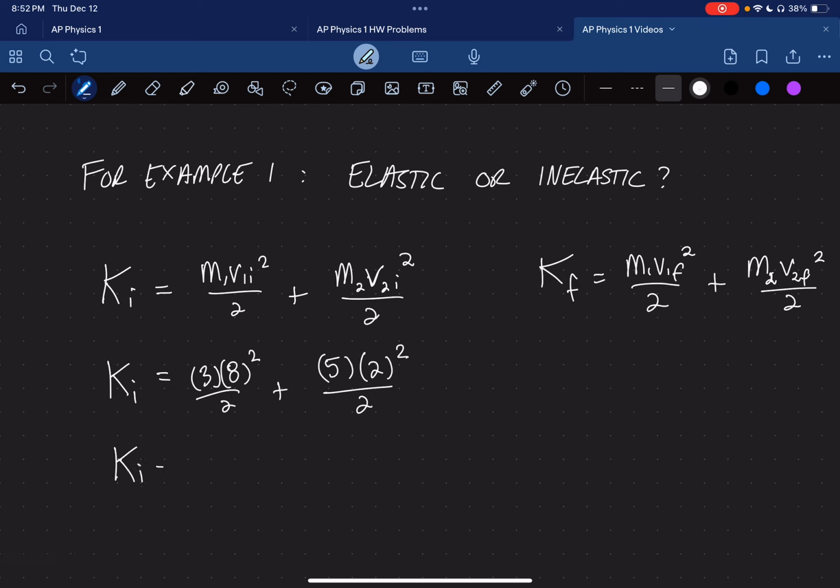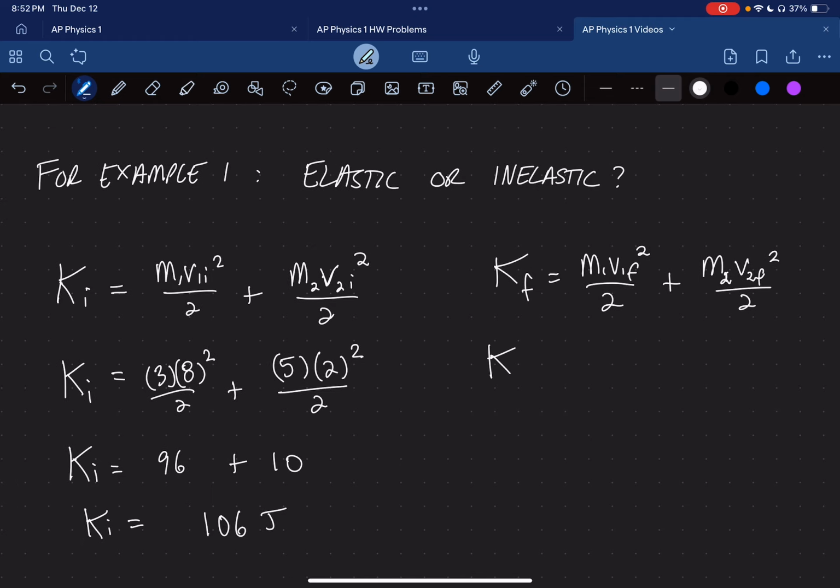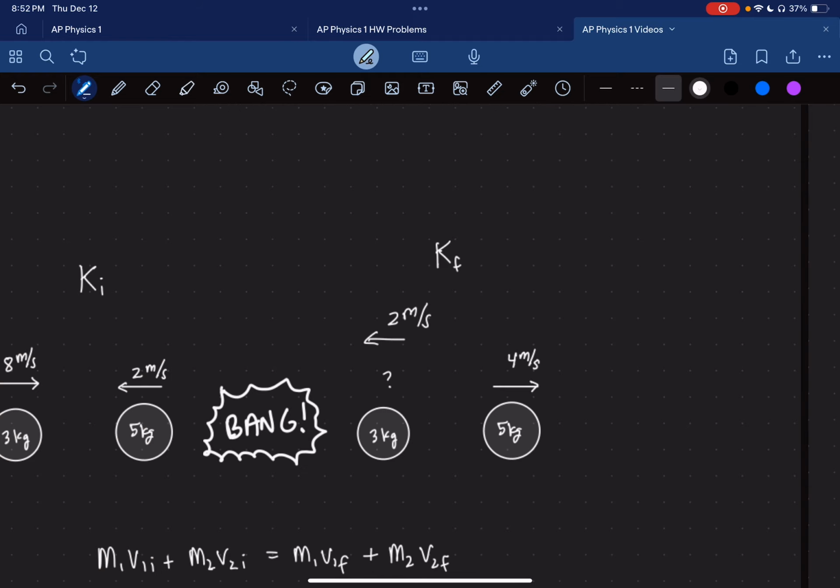So 8 times 8 is 64, over 2 is 32, times 3 is 96. Plus 10. So this is 106 joules. And let's get the kinetic energy final.